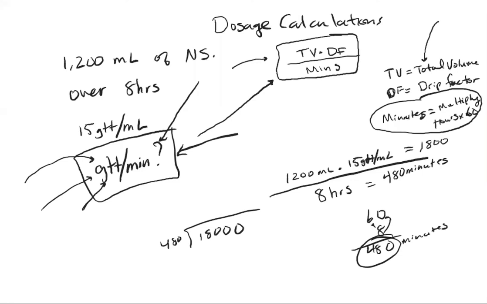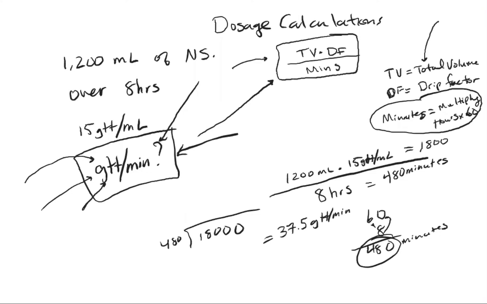We divide it by 480 minutes, and that gives us 37.5 drops per minute. Did you get that, Mr. Tayo? Yes, sir. That's 37.5. Okay, I got it.